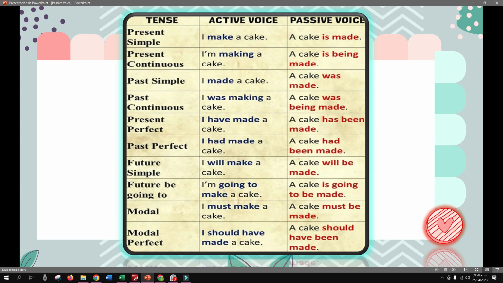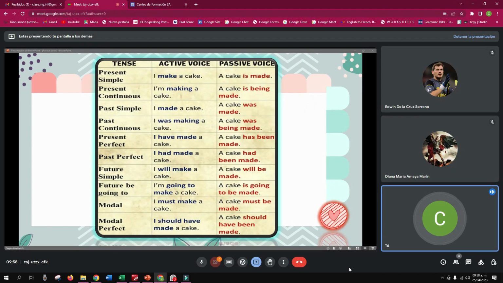This is a little bit tricky sometimes because of the use of the structures and also the position of the subject or the object of the sentence, right? And also you need to use the conjugate form of the verb be. It depends on the tense that you have, right? And also you need to use the past participle of the verb, right?